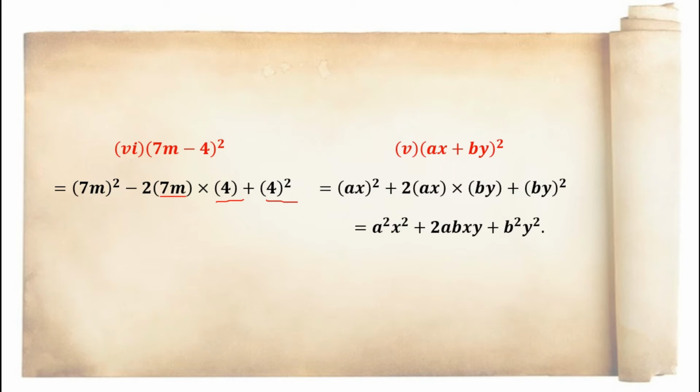And 28 multiplied by 2 will be 56. Okay, and here you will see that (7m) raised to 2 means 49m raised to 2 minus 56m plus 16, means 4 raised to 2 will be 16 here. Okay, like this. So you can do it very easily.